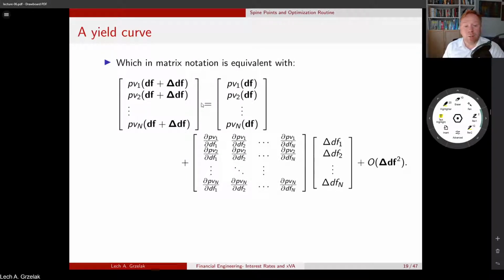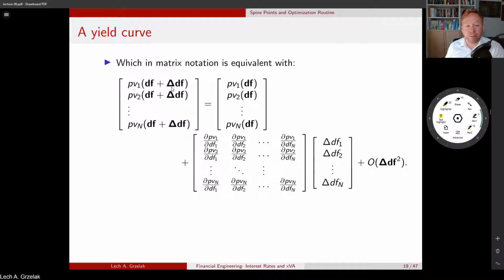First, let's write it down in the matrix notation, because at the end we have to implement this optimization in Python. So we have a vector of n instruments that we want to use to build up our yield curve. And this will be equal to the value of the previous iteration with respect to those spine points. We have a Jacobian, and we multiply this Jacobian with delta df.